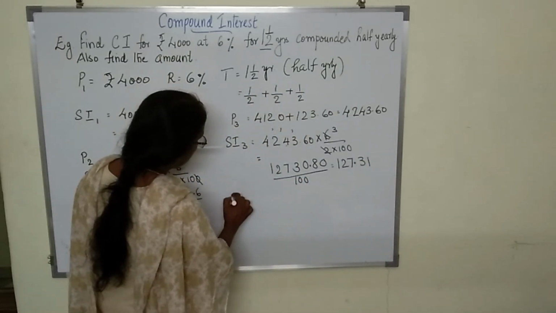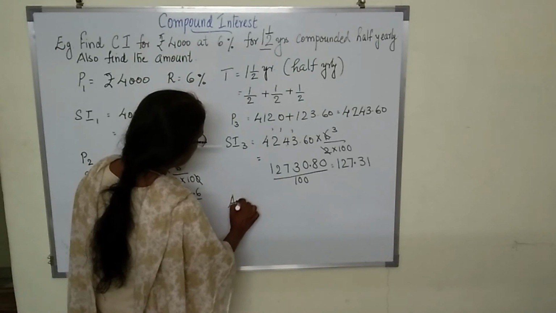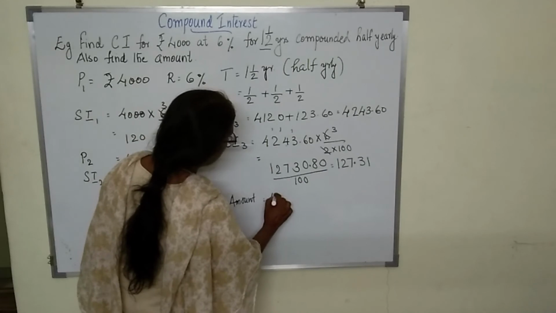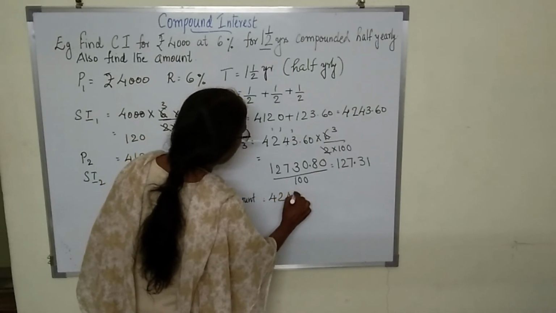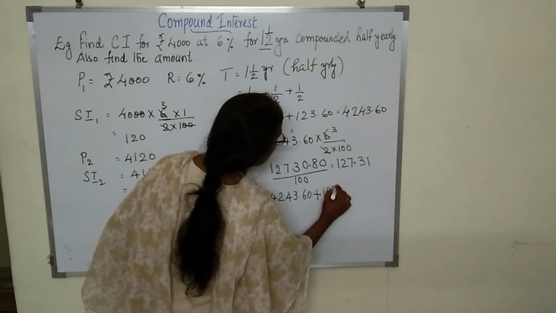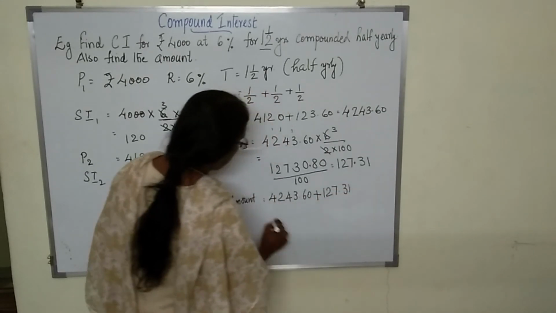So what will be the amount? 4243.60 plus 127.31.